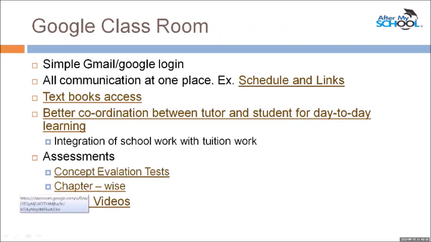Another important assessment, which is again my favorite, is the chapter-wise assessment which we do. At the end of the revision of every chapter, our methodology is to check how well the child has internalized the chapter. So the chapter-wise assessments are something which we do at the end of each chapter.